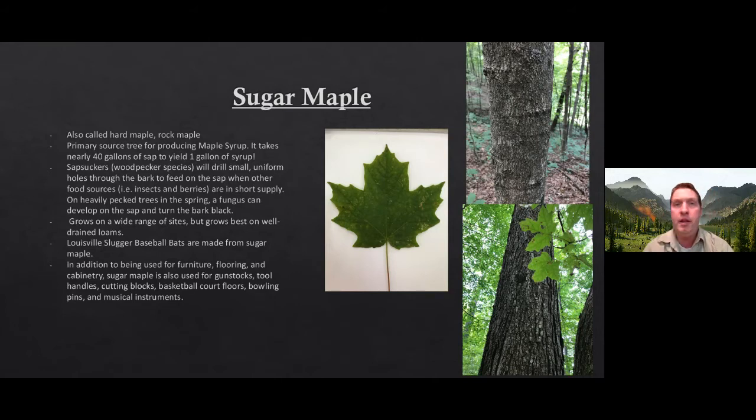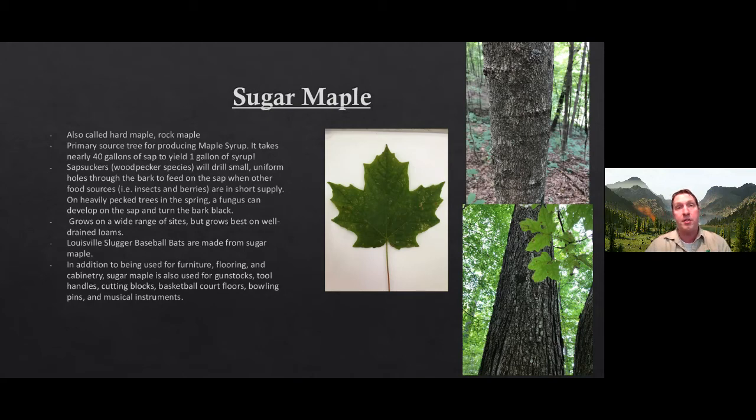Also, in the years since the emerald ash borer has negatively impacted a lot of our ash trees, you also have businesses that are looking for alternative trees to use to make their products, such as Louisville Slugger, the maker of baseball bats.